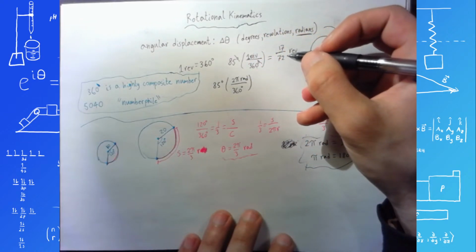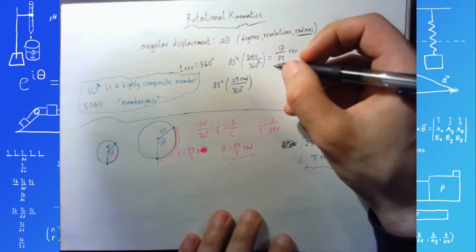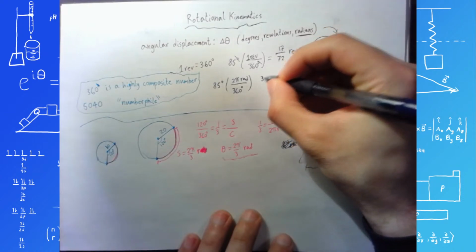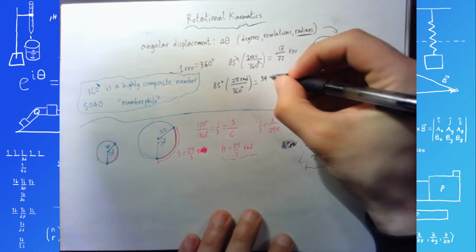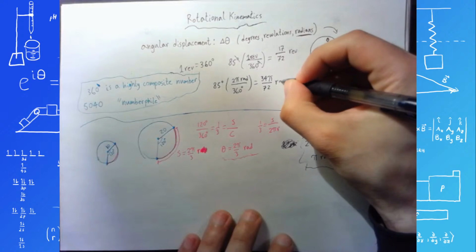And 85 over 360, well, that's 17 over 72. And then times 2 pi, so that would be 34 pi over 72 in radians.